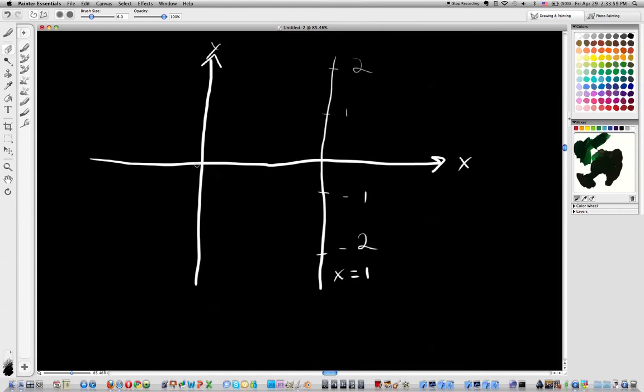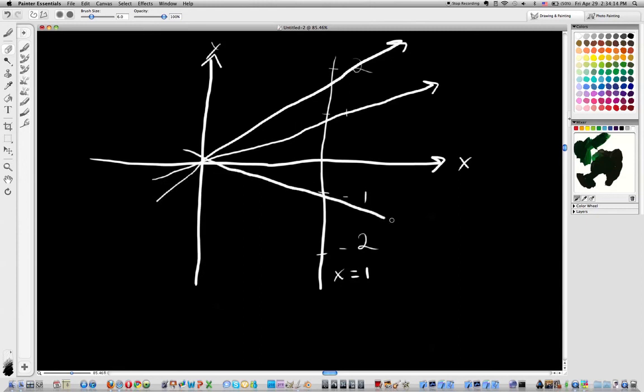Now let's take lines with slope 1, slope 2, slope -1, and slope -2. Now we know that the slope is equal to 2 here, 1 here, 0 here, and -1 and -2 here.